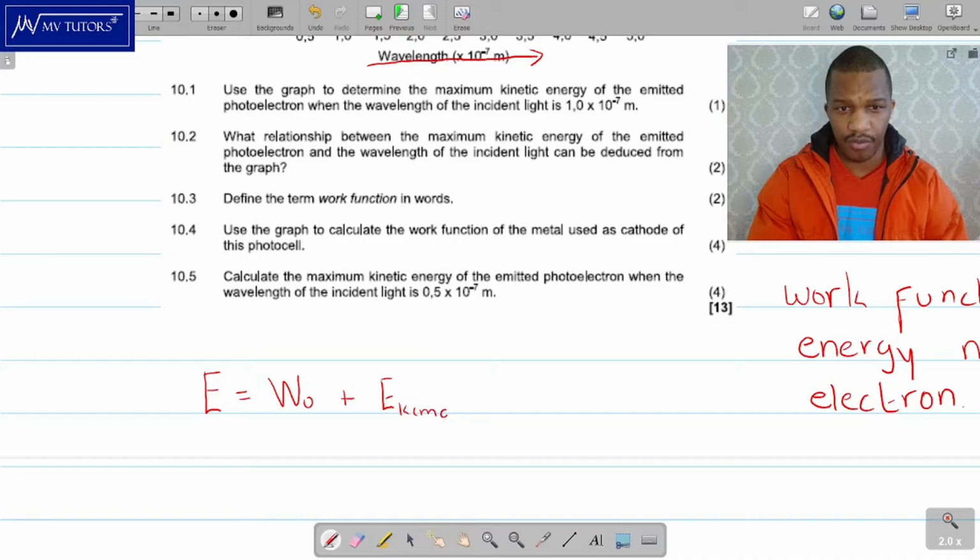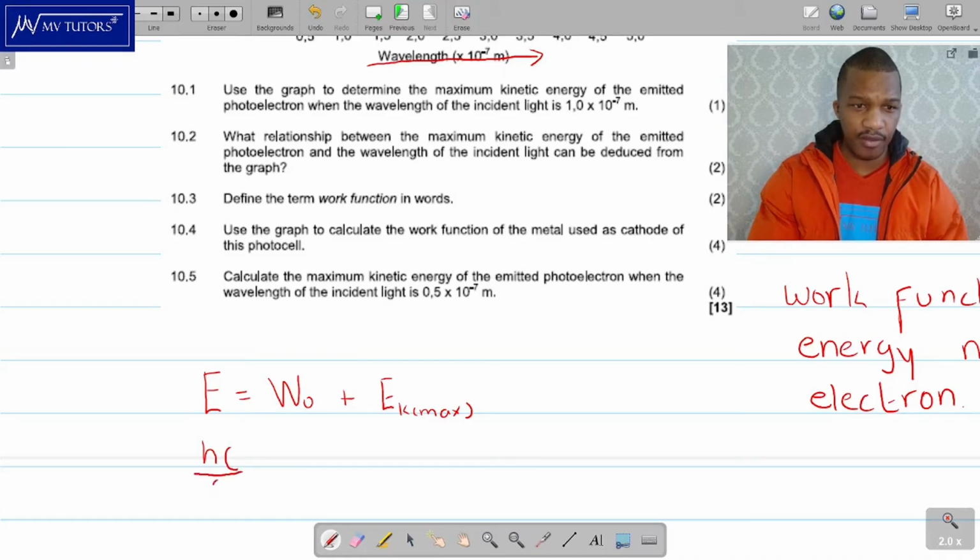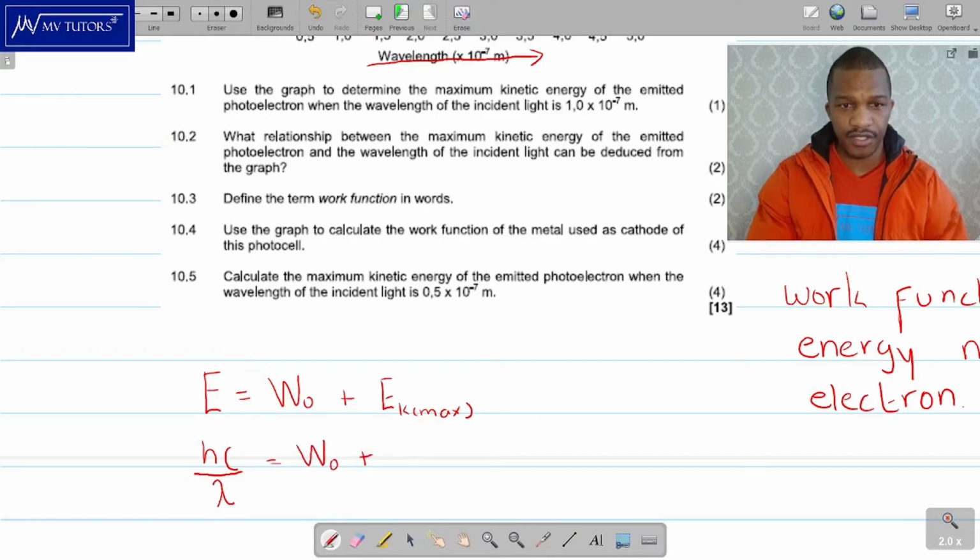I'm just going to put max like that. Now we need to use this formula. If you check your formula sheet again, E is hc divided by the wavelength, lambda, and then the work function and the maximum kinetic energy.